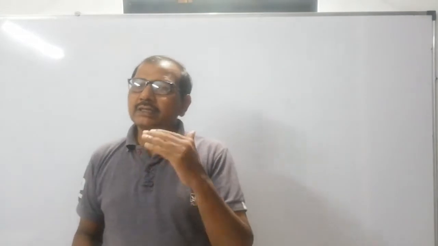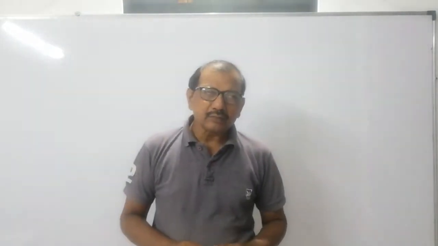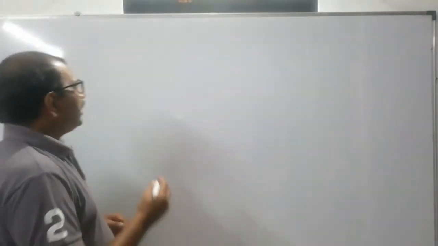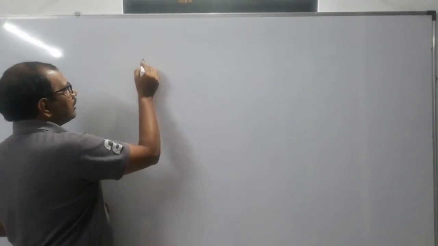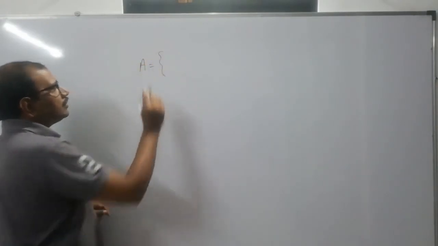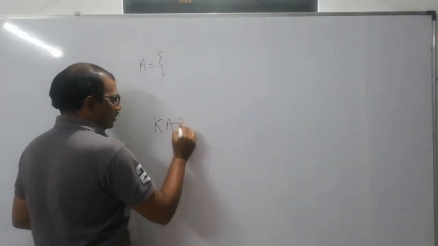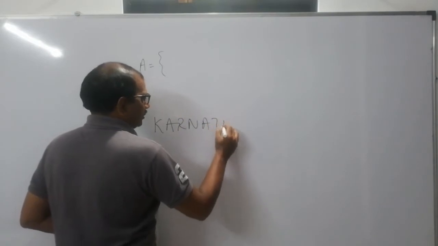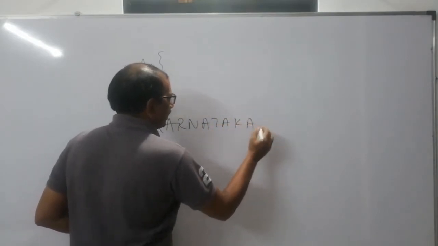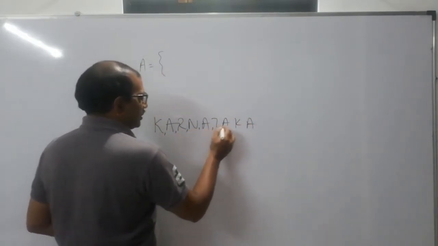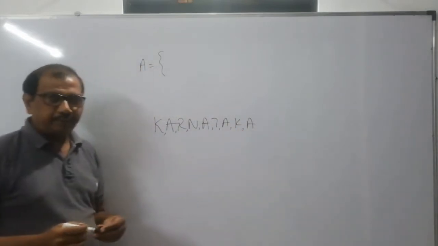Generally, a set is always represented by a capital letter. Right. Say for example, if I say A is a set of all alphabets in the word Karnataka. Now Karnataka ka spelling, Karnataka, right? So these are the alphabets in the word Karnataka.